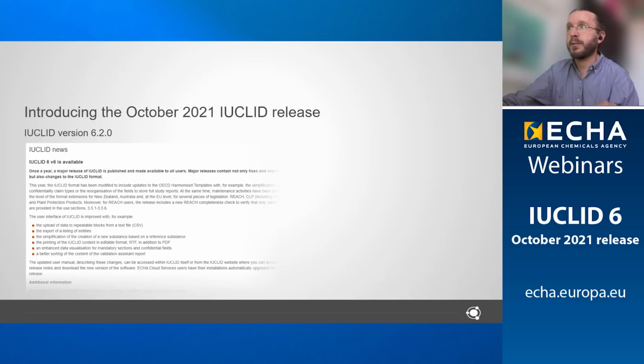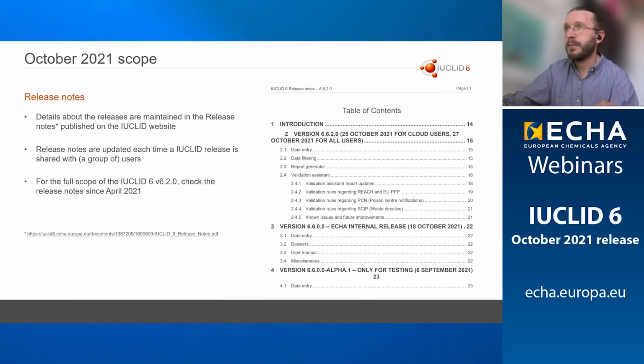So let's start with the high-level scope of the Euclid 6.6 new release. I wanted to start with the release notes because that's a great source of information that you can download from the Euclid website in order to have a look at all the new developments introduced in the new release.